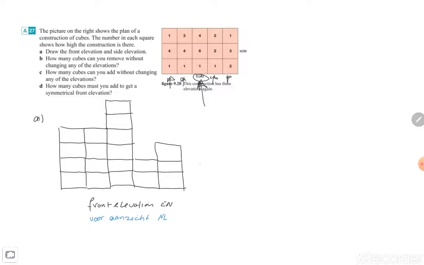All right. There was another question with exercise A, because we need to draw the side elevation. All right, we're gonna start at the upper left construction. The highest building is 2 cubes. There you go, 2 cubes. In the middle, we see 6 cubes.